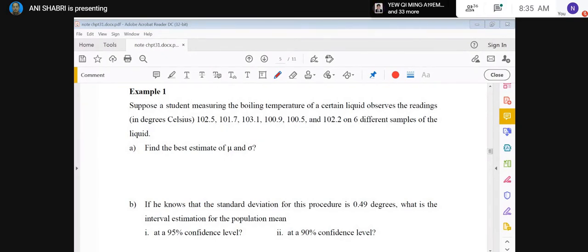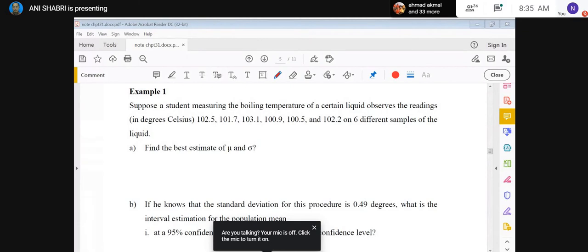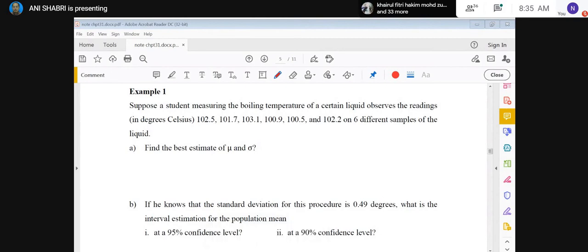A. Find the best estimate of mu and variance, mean and variance. B. If he knows that the standard deviation for this procedure is 0.49 degrees, find the interval estimate for the population mean. 1. At a 95% confidence level. 2. At a 90% confidence level.